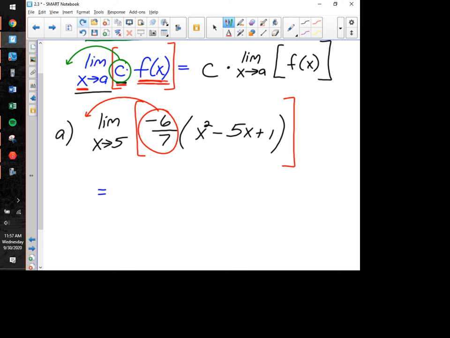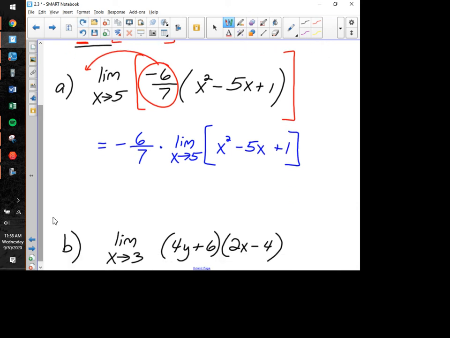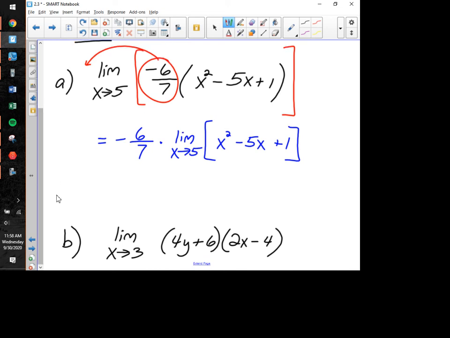So this would be equal to our constant, which is -6/7, multiplied by the limit as x approaches 5 of the trinomial x squared minus 5x plus 1. And then we can just worry about the 6/7 later. We can just kick the can down the road, okay? All right, so what do we have now, guys? This now becomes a -6/7 multiplied by, and once again, this is a continuous function.